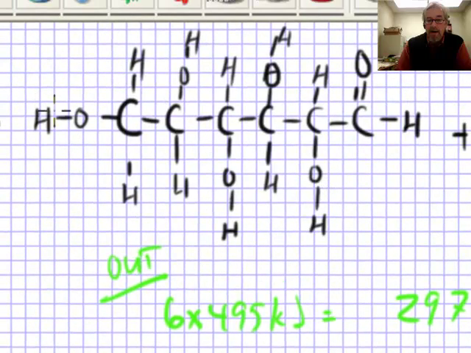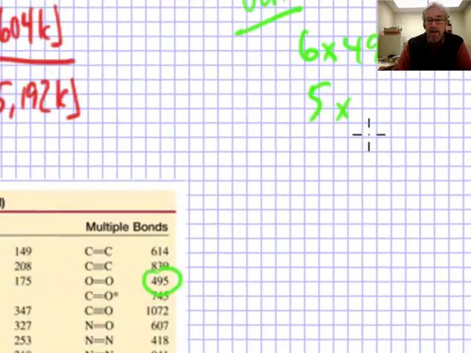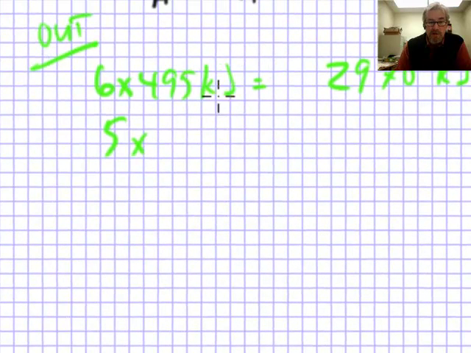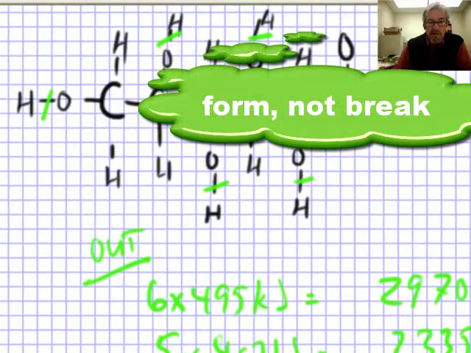How many? 1, 2, 3, 4, 5 OH bonds will be formed. So we'll release 5 times whatever OH's bond energy is. Oh, that's 467. We already looked that up. This sums up to 2,335 kilojoules.